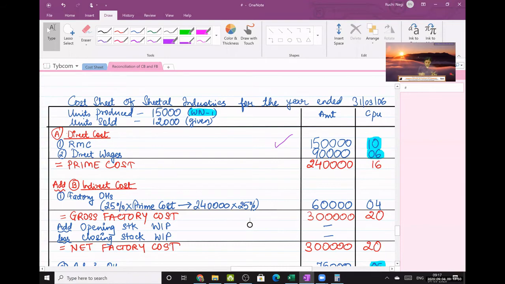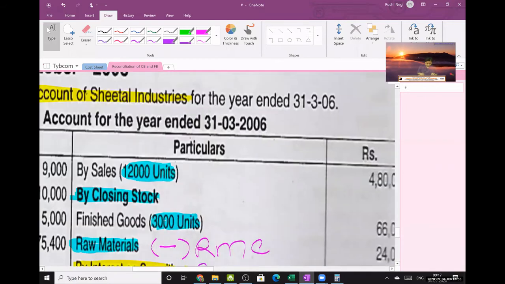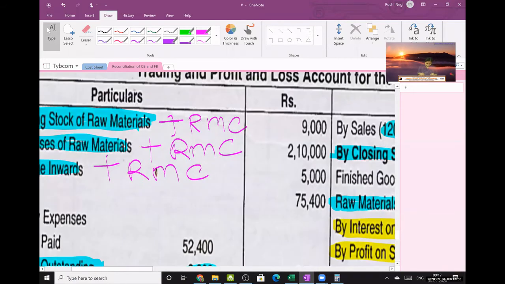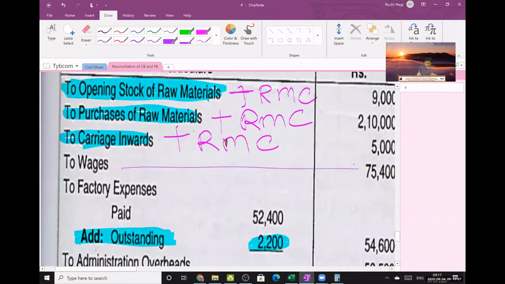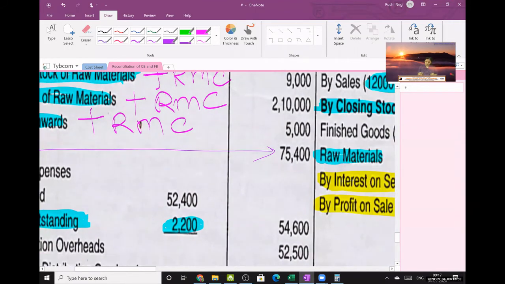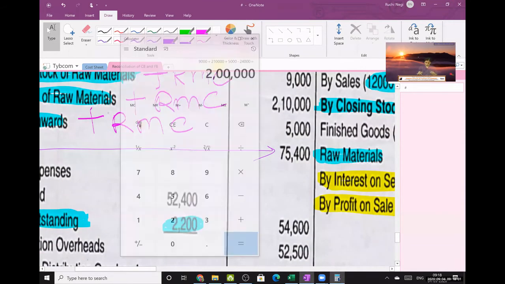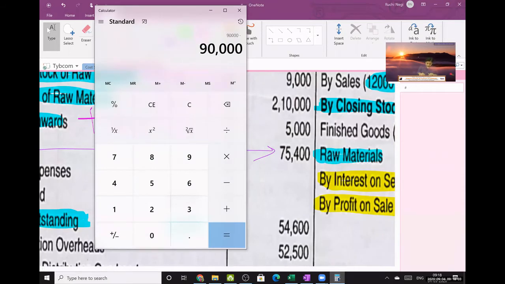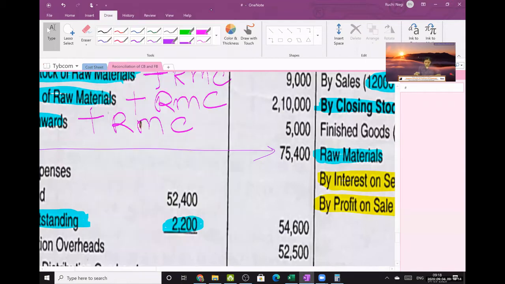Next, direct wages. Here it is 90,000 in cost books. Let's see how much is in finance books. Direct wages in finance books is 75,400. Take the difference: 90,000 minus 75,400, so my answer is 14,600. Where is it excess? Obviously in the cost sheet more is recorded, so it is excess in cost sheet by 14,600.